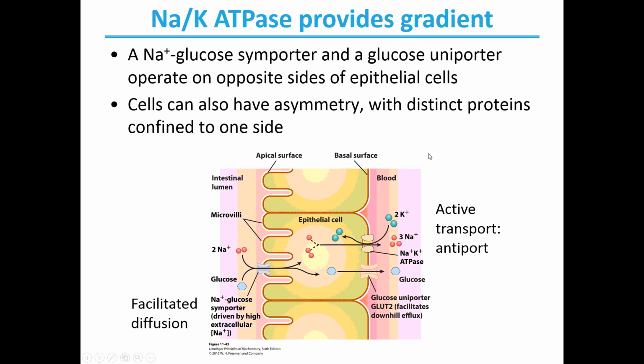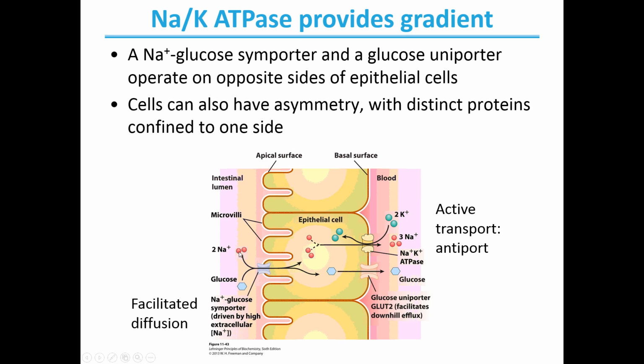Some cells use the movement of the sodium and potassium to help other things occur. So this picture here shows you the inside of the intestine. You've just eaten and you've got some sugar in your intestines that you need to get into your blood. Well, we only want this to move in that direction. We don't want sugar from the blood going back into the intestines.